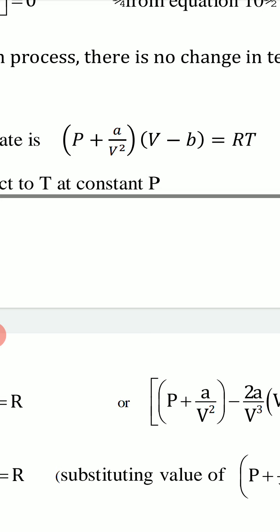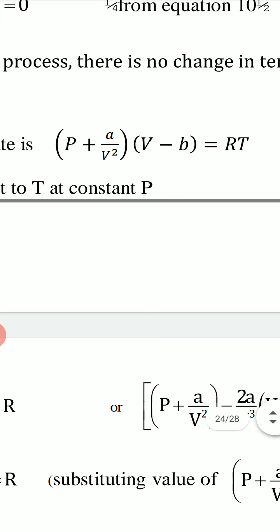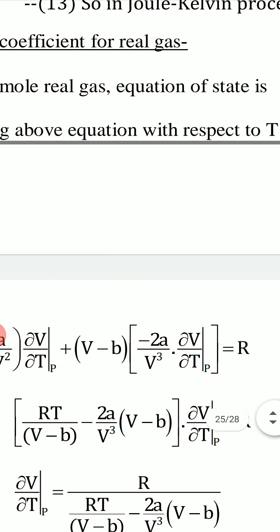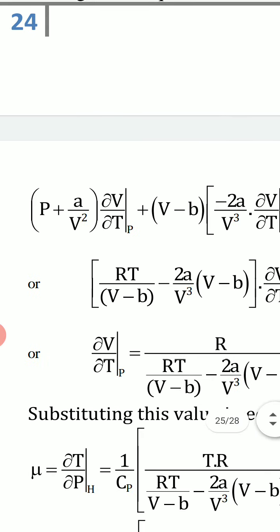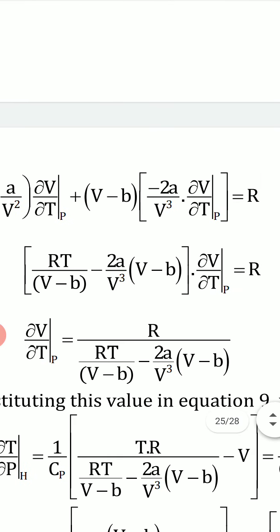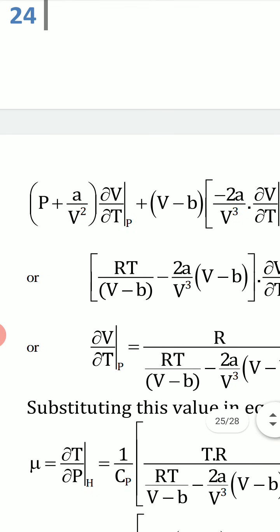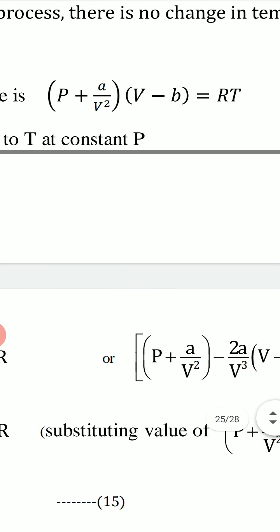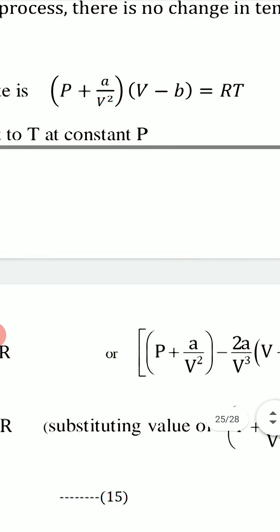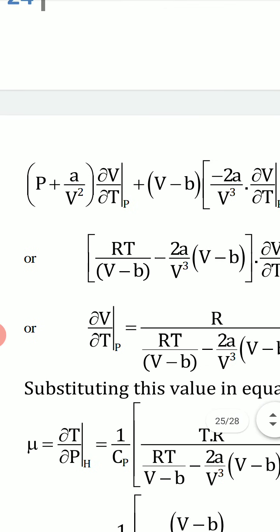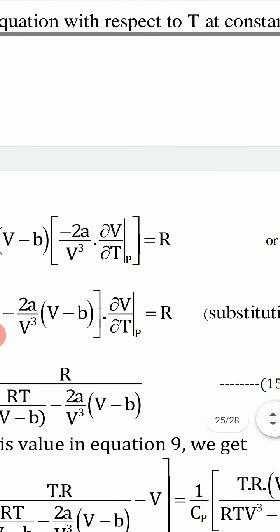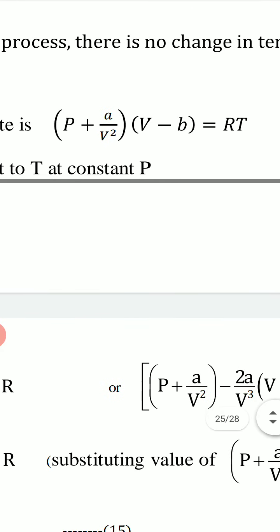First function is P plus A upon V square, second function is V minus B. So we have first function P plus A upon V square and differentiation of second is delta V upon delta T at constant P. It is the differentiation of V. B is constant. Then we have the second function which is V minus B and differentiation of first.